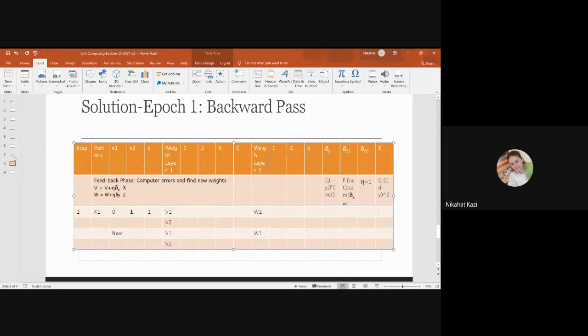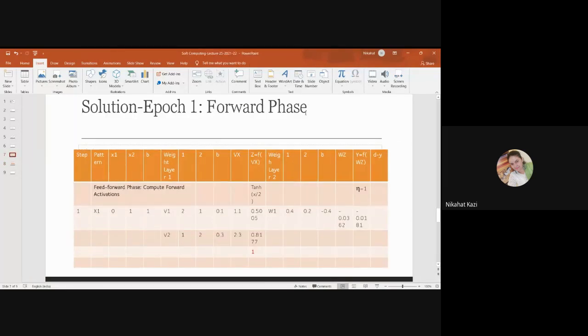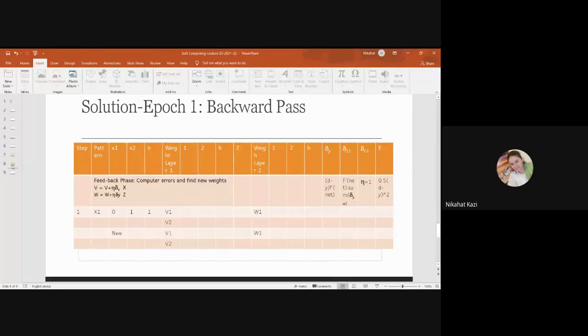That is your first phase, the feed forward phase. Now go for the backward phase, the feedback phase, also known as the backward pass. This is called the forward phase or forward pass, and this is the backward pass or phase. What are you going to do in the backward phase?